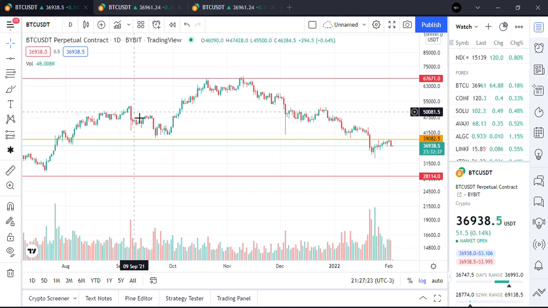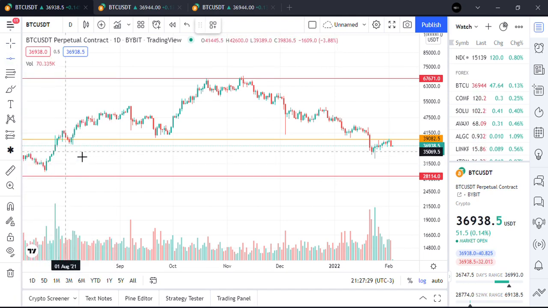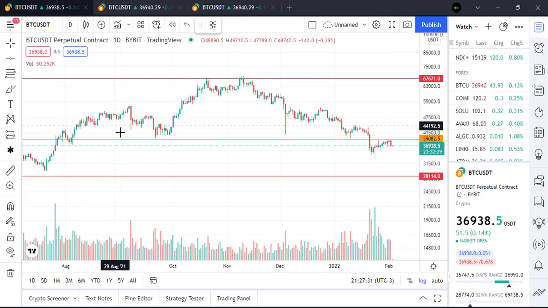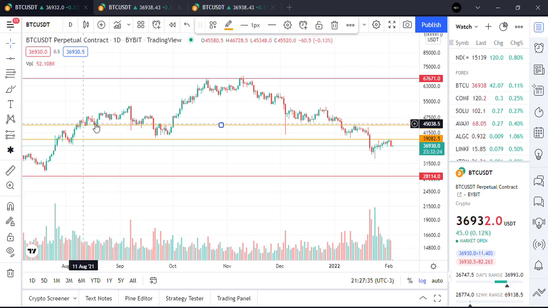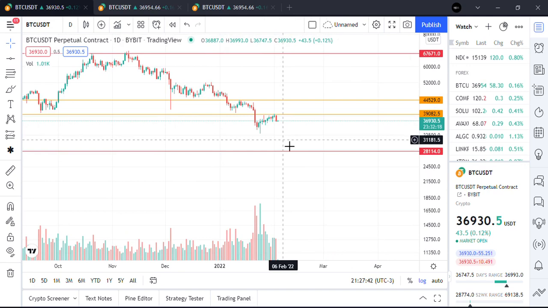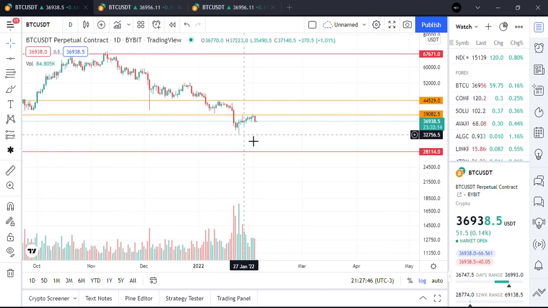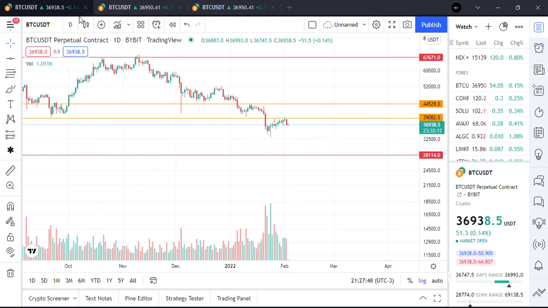So let's draw another support. I see as price has been testing these lines, testing. So these are other value supports here. Okay, let's go down to the 4 hours.